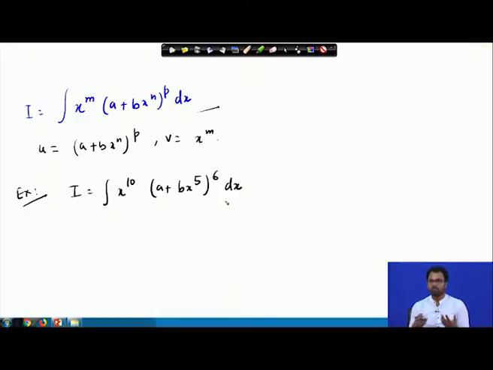We can have a lot of other types of integrals, based on which you can derive some kind of reduction formula. So the bottom line is that in the case of reduction formulas, all you have to do is find some kind of iterative scheme, or some kind of n type formula, so that for every n you can calculate a certain integral.